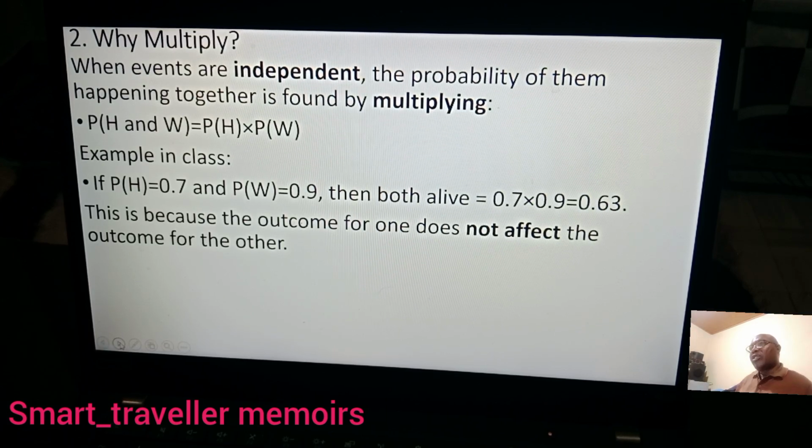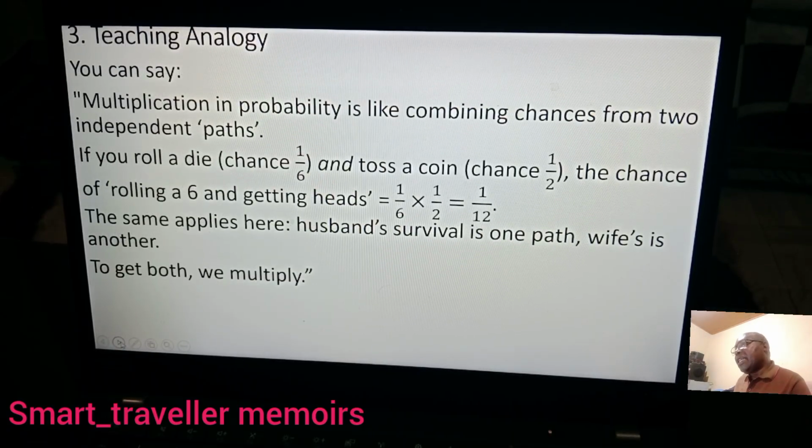Let's take a teaching analogy. You can say multiplication in probability is like combining chances from two independent paths. If you roll a die, whose face has a chance of 1/6, and toss a coin where you have a chance of 1/2 on either head or tail, the chance of rolling a 6 and getting heads is equal to 1/6 times 1/2, which is equal to 1/12.